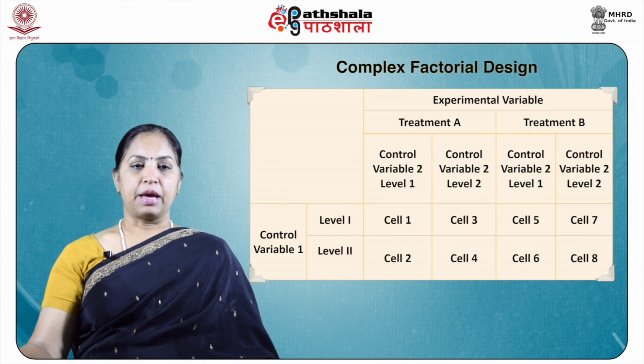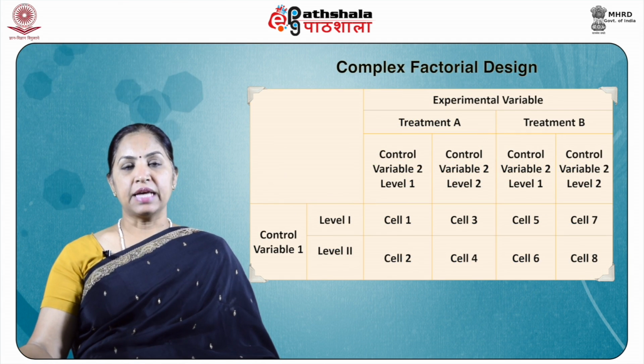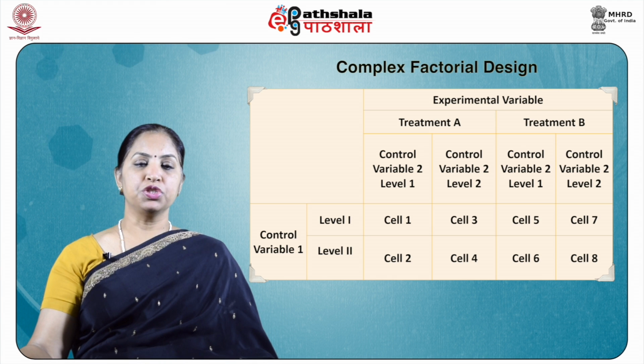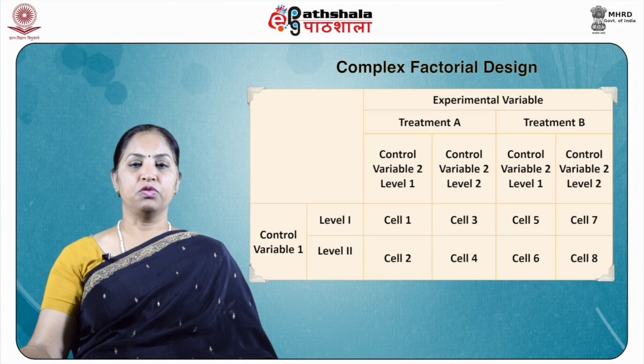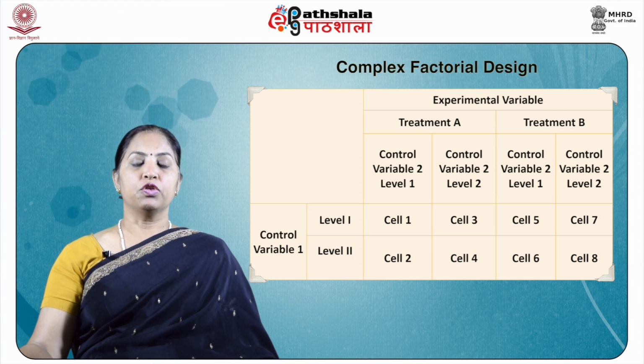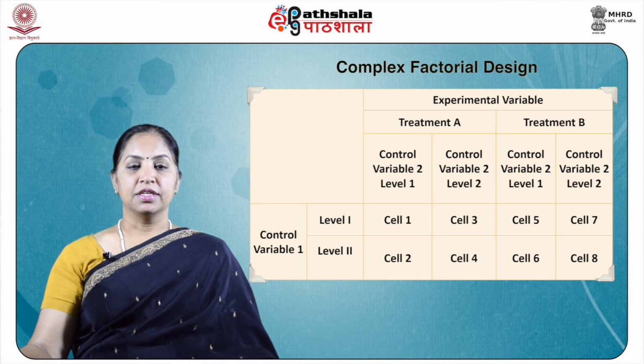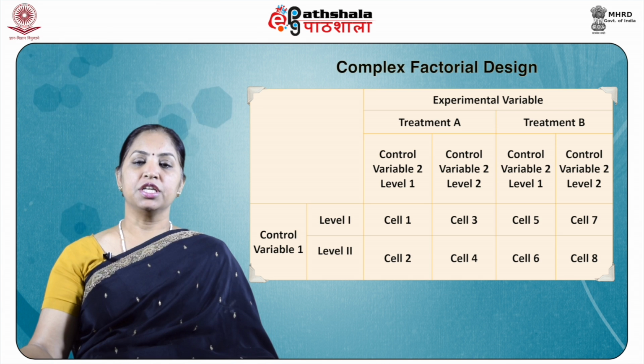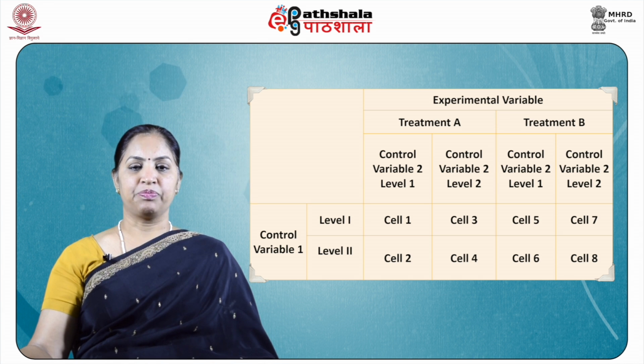Consider one more example. An example where 3 factors are there with one experimental variable having 2 treatments and 2 control variables, each one of which has 2 levels. So, such a design would be represented as a 2 into 2 into 2 complex factorial design containing a total of 8 cells.